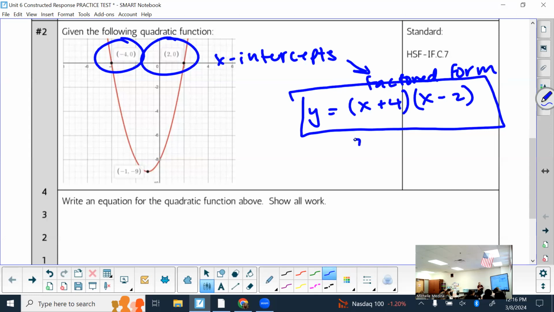Would these give me zeros of -4 and +2? Yeah. So then this should represent my graph, but the only thing you have to watch out for is sometimes the graph is more narrow or wide. So once I have my equation I'd type it in Desmos and see, does it touch at all three parts that are showing? Because then if it does, I can move on. I already found my equation.